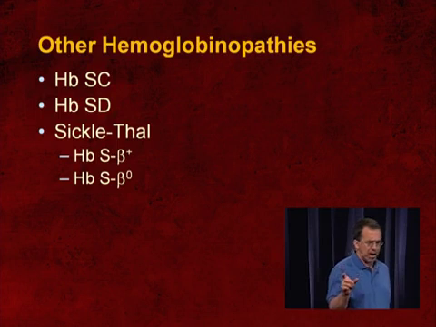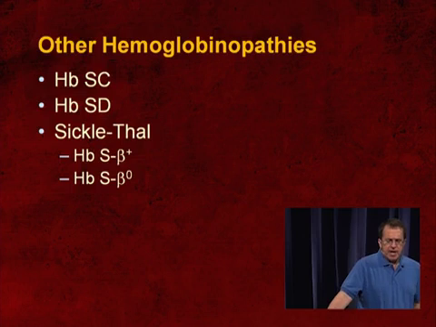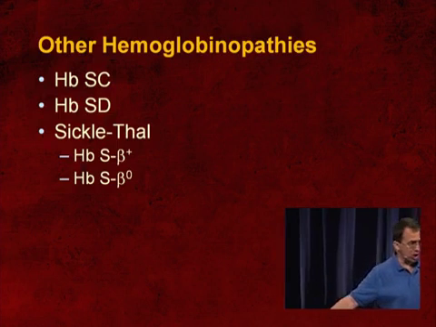Okay? So let's think this through. All right. If you have S beta 0, you're not making any beta globin, is that going to clinically look like SS?